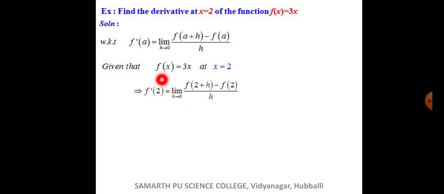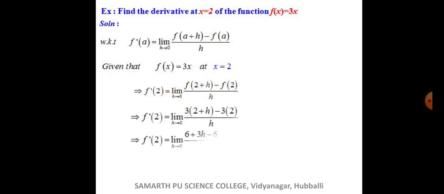When f of x equals 3x, then f of 2 plus h can be written as 3 of 2 plus h, because comparing these two, in the place of x we have 2 plus h. So 3 of 2 plus h minus 3 into 2 divided by h. After removing the bracket, we get limit of 6 plus 3h minus 6 divided by h.